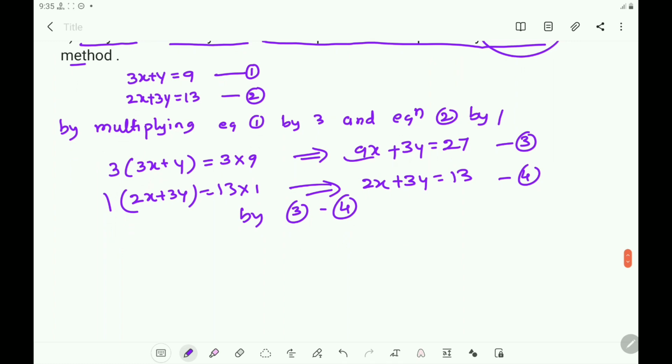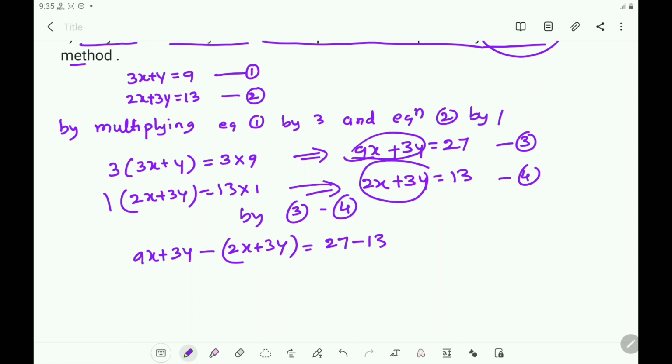So which is the third one here? 9x plus 3y minus (2x plus 3y). Here you write that in the bracket. That equals 27 minus 13. This minus this, LHS minus LHS, RHS minus RHS.